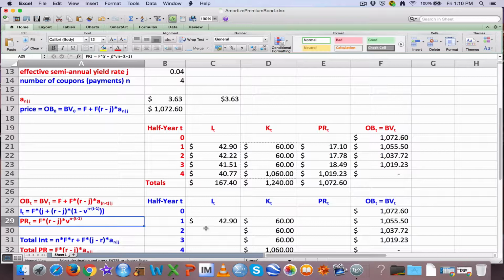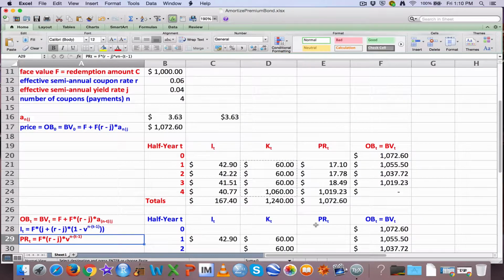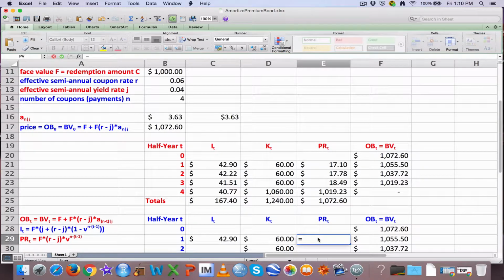PR, I can use this formula. So once again, F comes from B11, R comes from B12, J from B13, times the same thing with V as before.